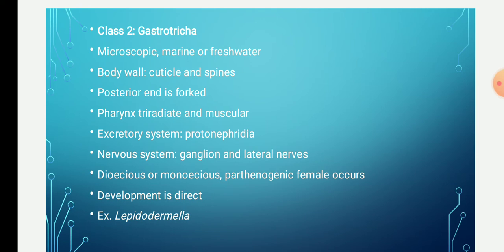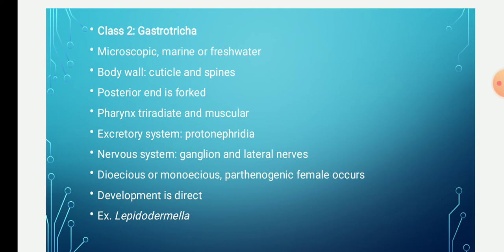Then the pharynx is triradiate, and the muscular mouth is surrounded by bristles. Body musculature includes 6 pairs of longitudinal muscles. The excretory system consists of 2 protonephridia with flame cells, similar to that of Rotifera. Then the nervous system has a saddle-shaped ganglion and 2 lateral nerves.